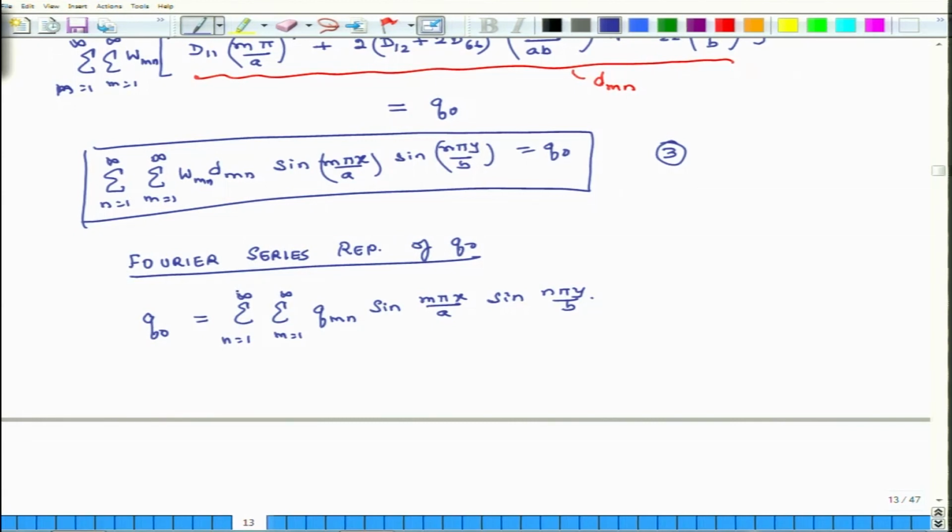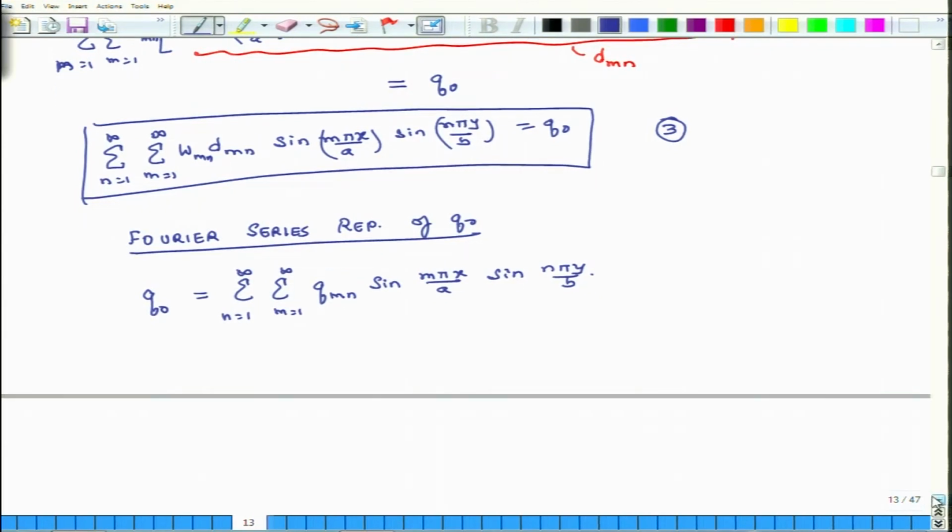The larger the number of terms we take, the more accurate this will become, and then these Qmn are unknowns. So, we have to calculate these unknowns.